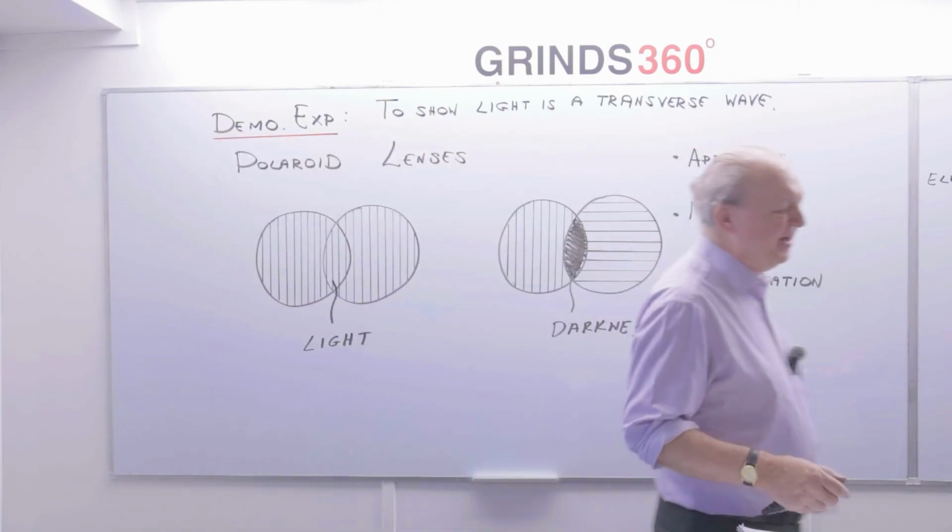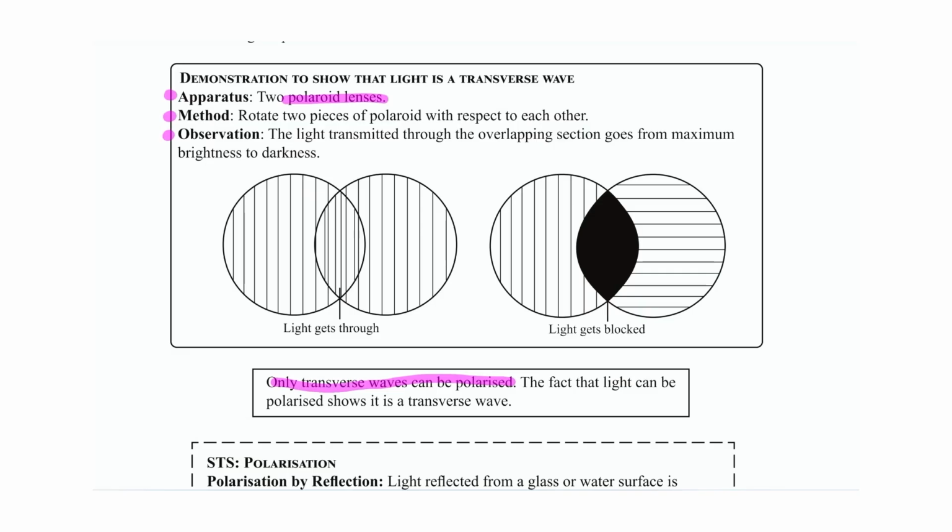So what does it say in our notes in the method? The first part is apparatus, and the method is to rotate two pieces of Polaroid with respect to each other. And what's your observation?